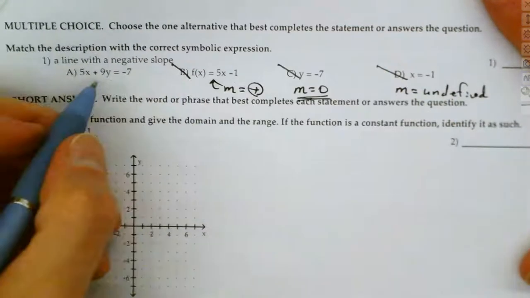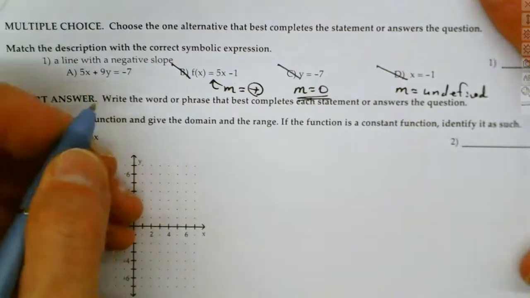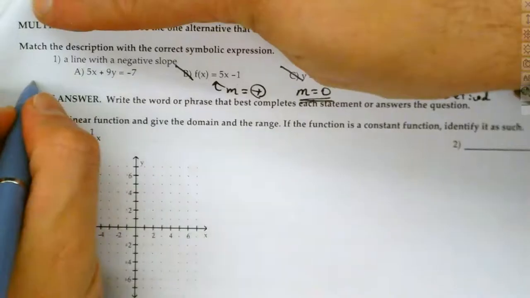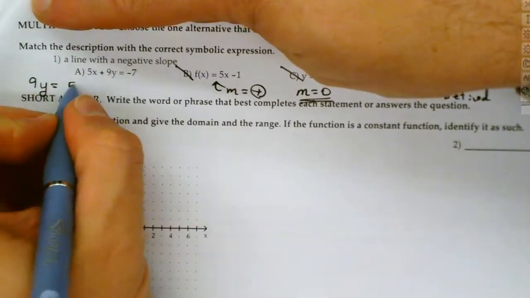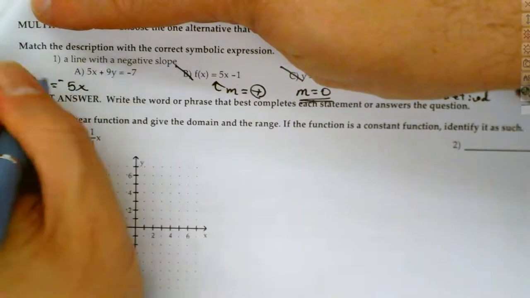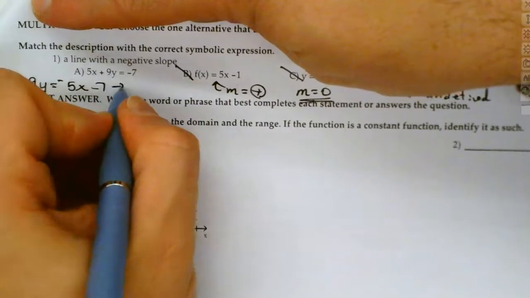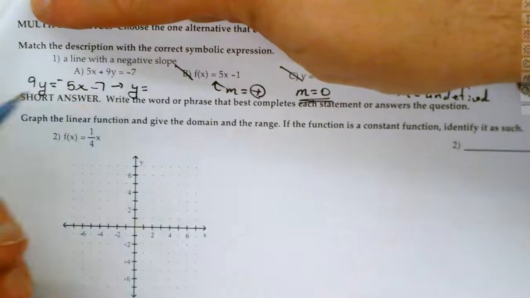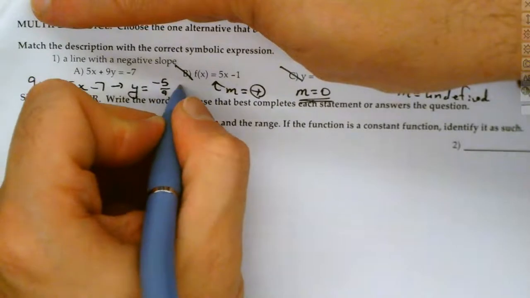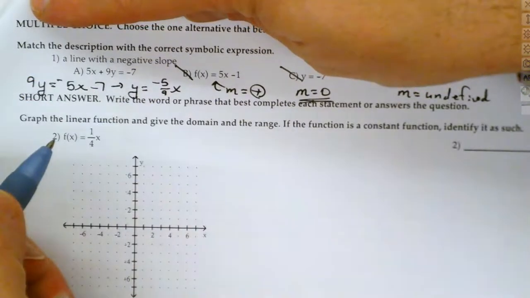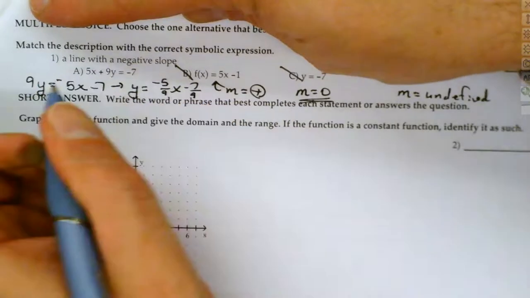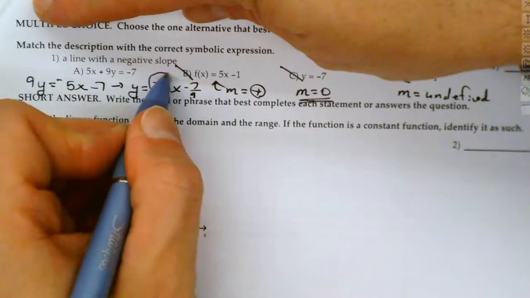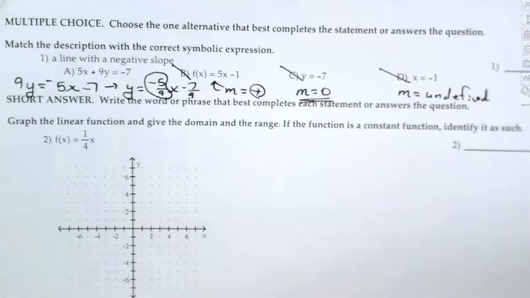So which one does it have to be? This one. And why is that? Because I can solve it for y, because now we have 9y equals a minus 5x minus 7, which gives you y equals, when you solve it, a minus 5/9 x minus 7/9. And so your slope would be what? Negative 5/9.